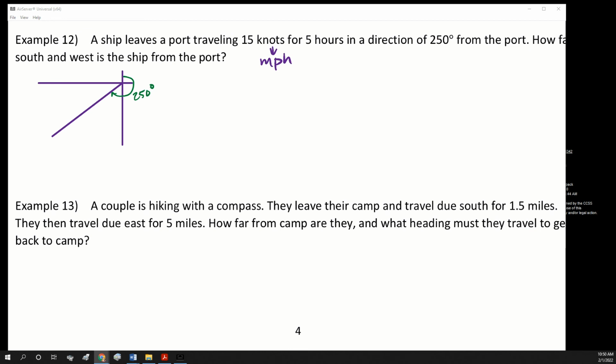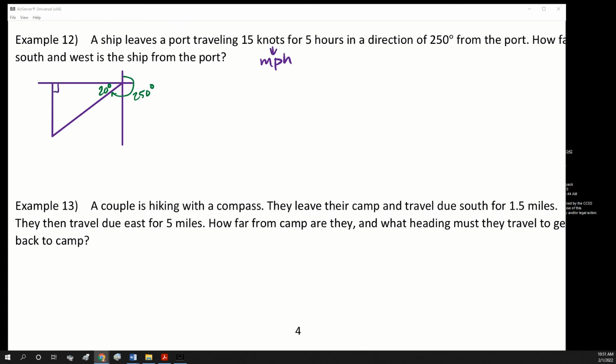I can either figure out this angle right here, or I can figure out this one, and make a triangle out of it. Let me tell you which way is easier, just to do it in your head. What is this angle? 270. What would I do to 270 to find that one? Subtract 250, and what's that going to be? 20. That's what I would do, because you can do that in your head really fast.